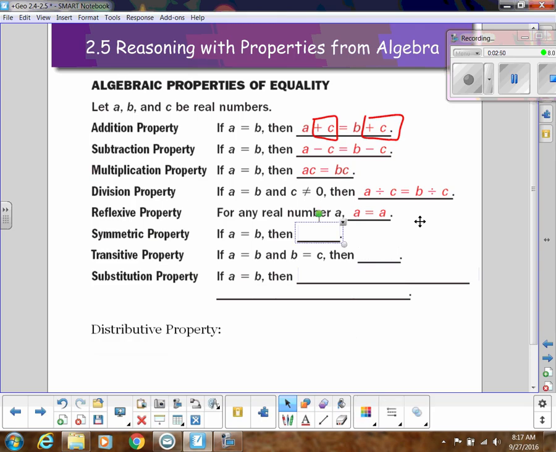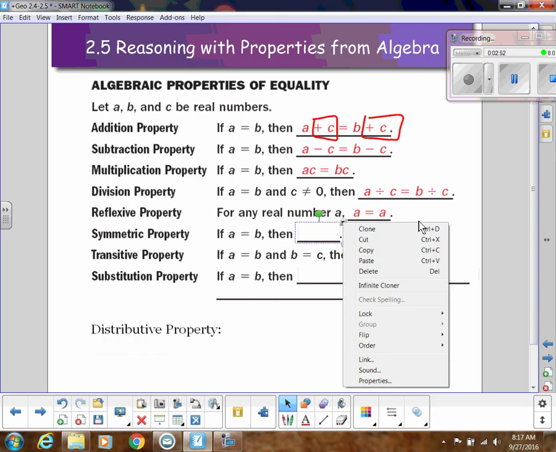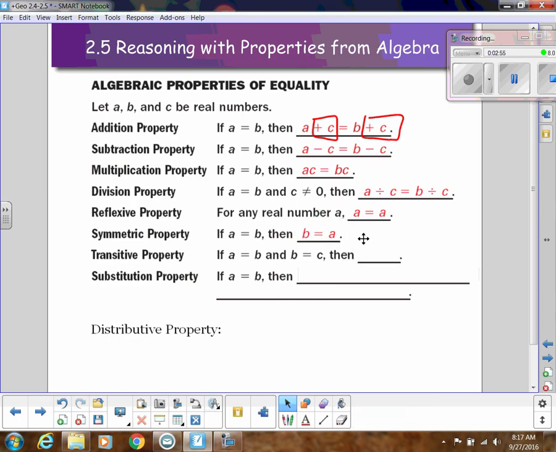All right, so the symmetric property says if I have a equals b, then I could also write b equals a. It doesn't matter which side of the equal sign it is on. Okay, so reflexive, it looks like it's looking in the mirror, so a equals a. All right, but symmetric means it's symmetrical. I can have a equals b or b equals a, can flip around either way.